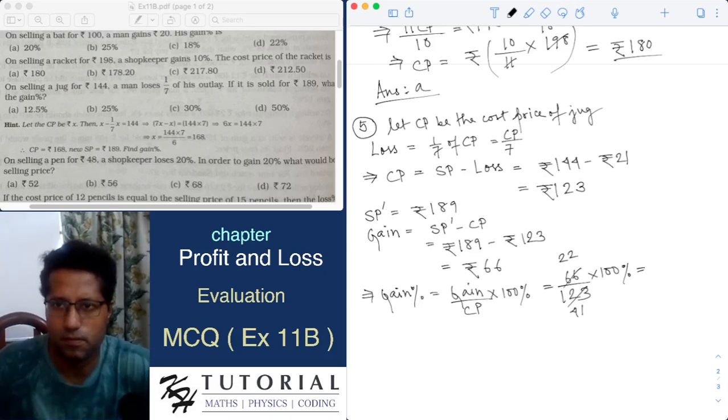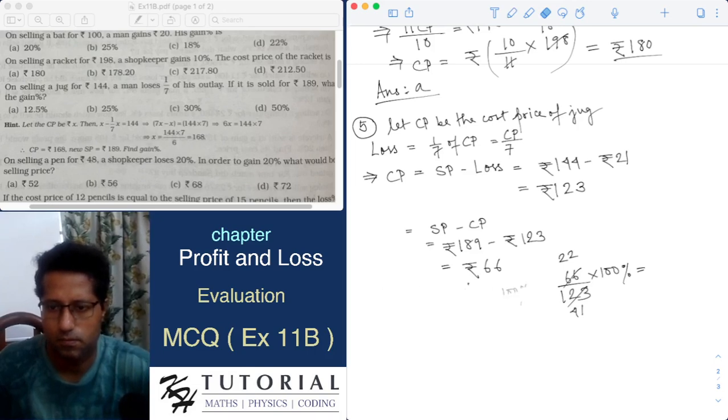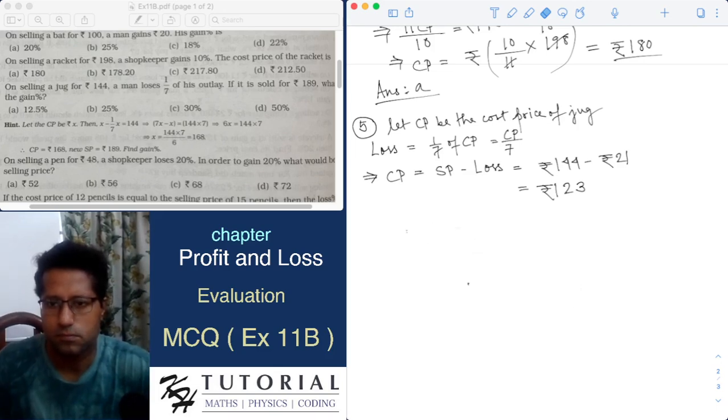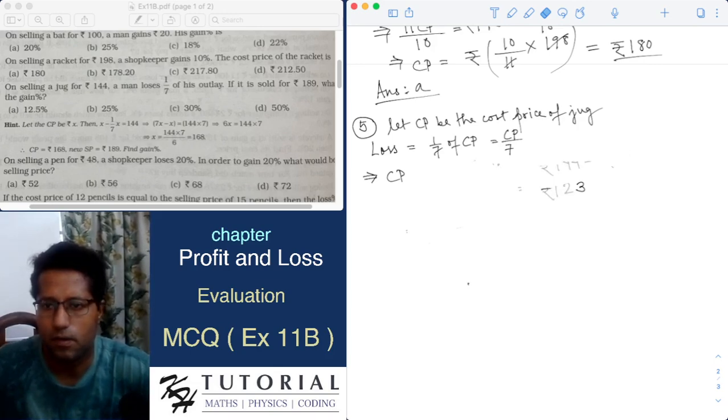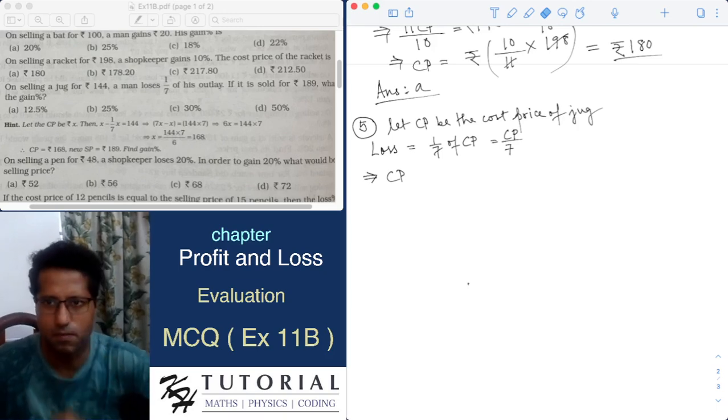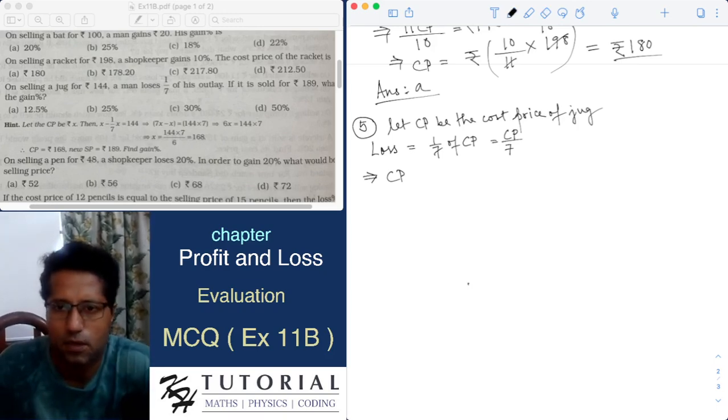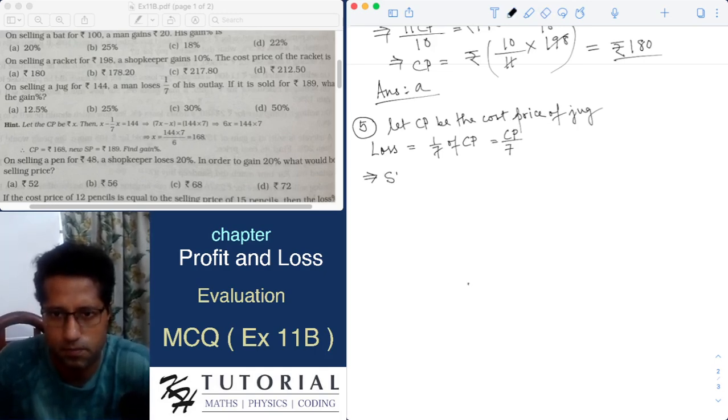Once again, let me rub everything. Now the loss is CP by 7. If it is a loss, we know SP will be equal to CP minus loss.